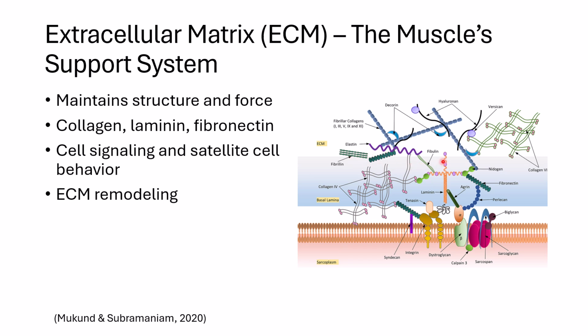Laminin, which is here in orange, acts as the glue connecting cells to the matrix and facilitating cell signaling and migration. And then fibronectin, which is these green bundles, also serves as a scaffold organizer, promoting cell adhesion and migration and influencing tissue repair.